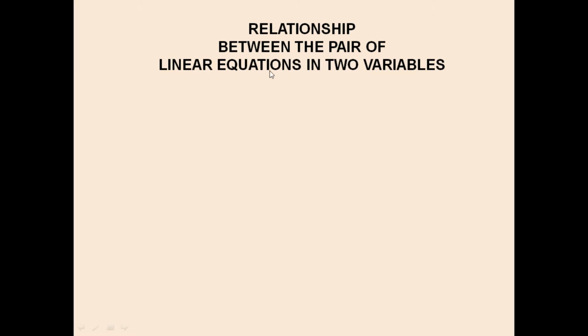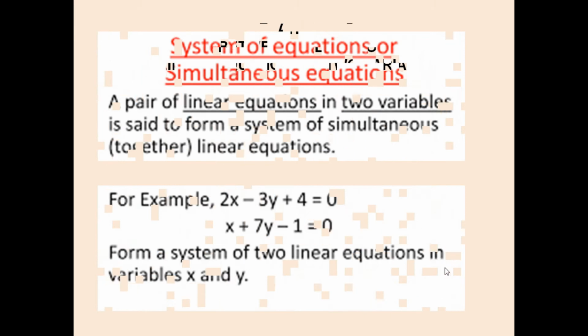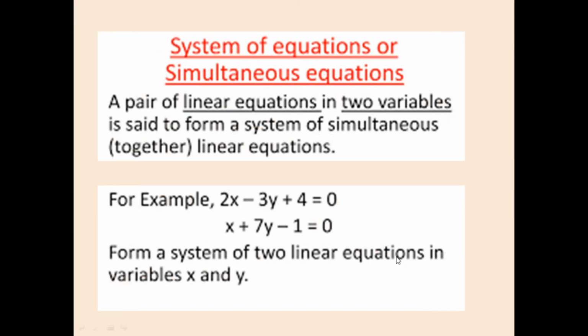Linear equation can be looked at from two different perspectives. One, the algebraic perspective, and the other one, the graphical perspective, what we call as geometrical perspective. That means when I write linear equation, it looks something like this: 2x minus 3y plus 4 equal to 0, right?